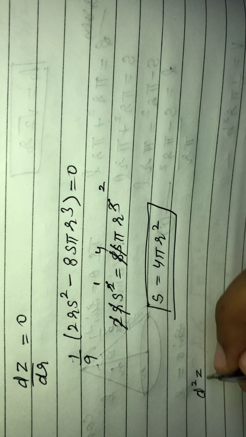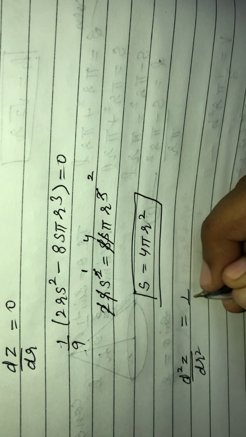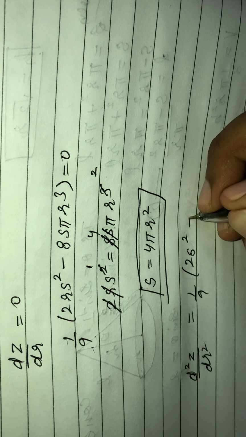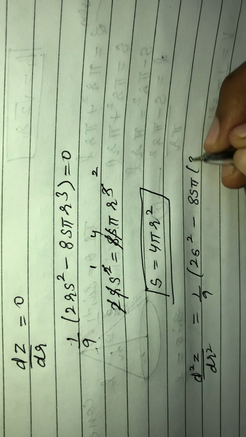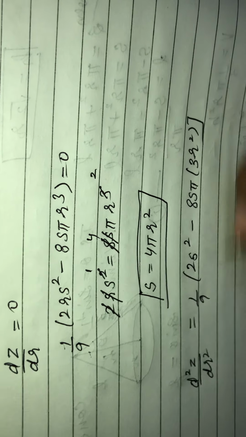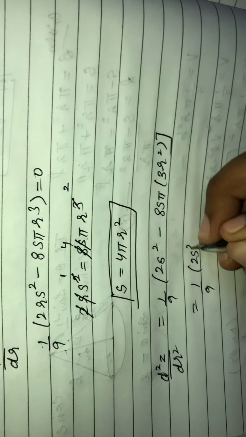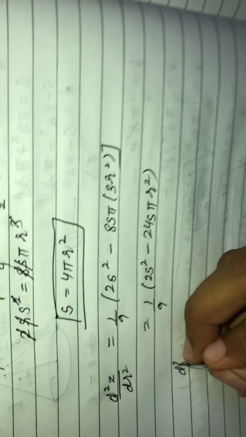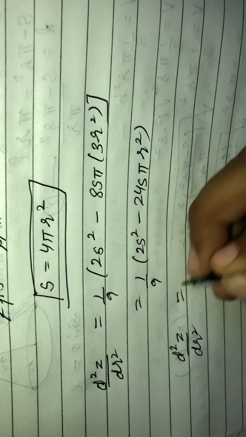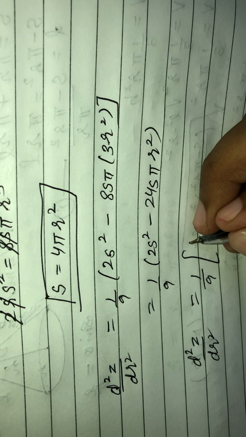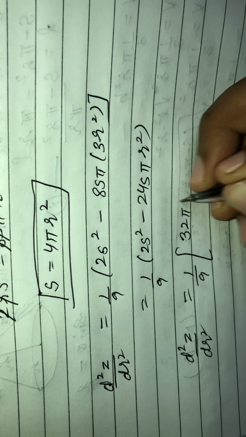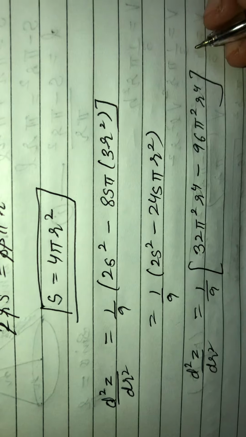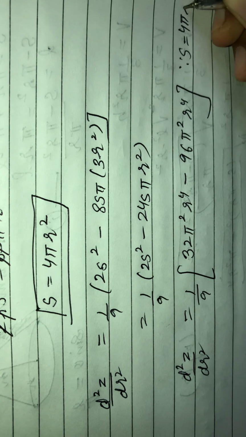Now calculate d square z upon dr square. So I am getting 1 by 9, 2 s square minus 8s pi 3 r square. So I am getting 1 by 9, 2s square minus 24 s pi r square. So d square z upon dr square, put the value of s. While putting the value of s, I am getting 32 pi square r^4 minus 96 pi square r^4, because s is 4 pi r square.